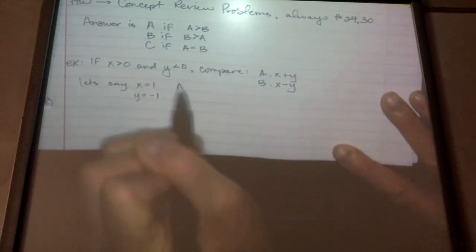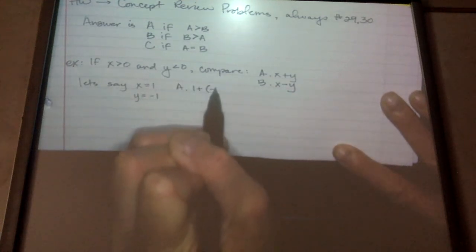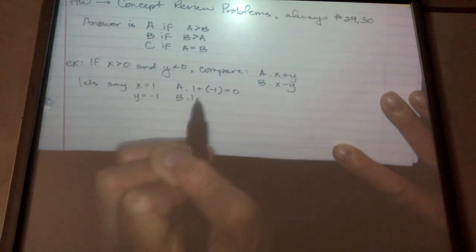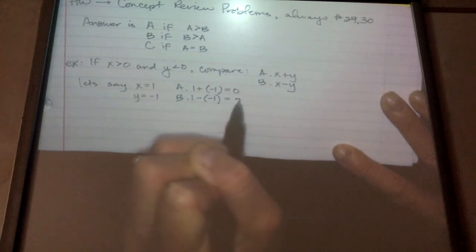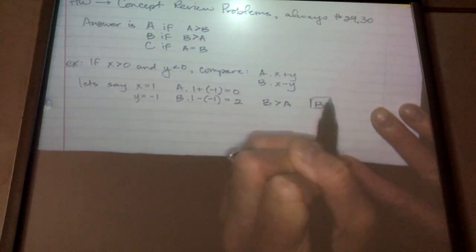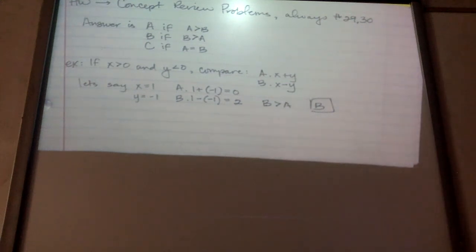So part A, I would have 1 plus negative 1, which would equal 0. And B, that would be 1 minus negative 1, which equals 2. So B is greater than A, so the answer is B. Okay, so that is an example of those problems. It'll give you different ones to use and different examples, but you are evaluating them and finding out which one is greater or if they're equal.